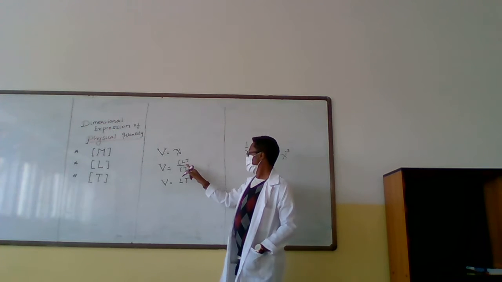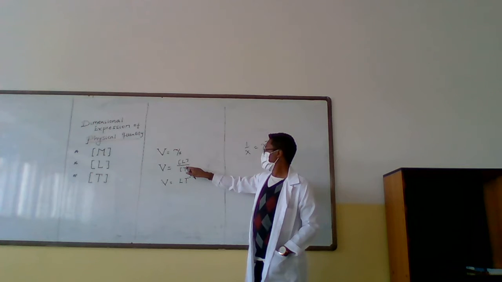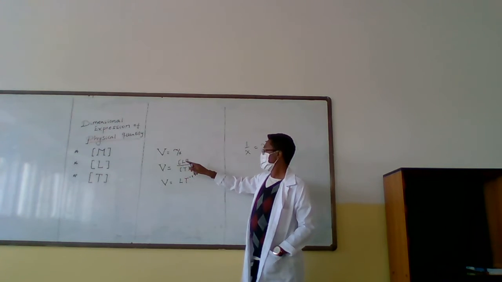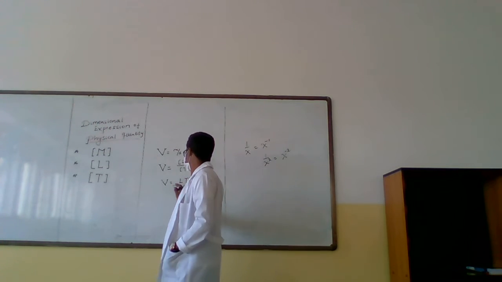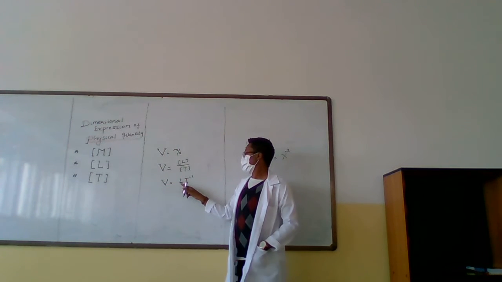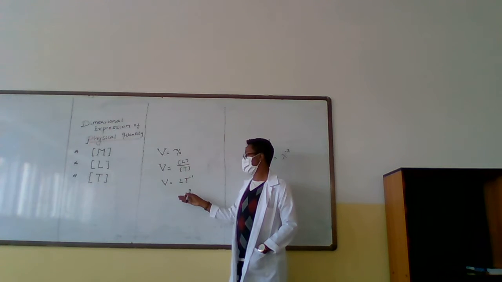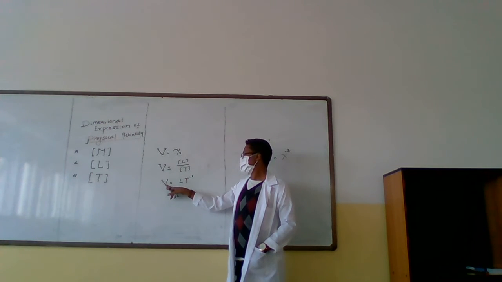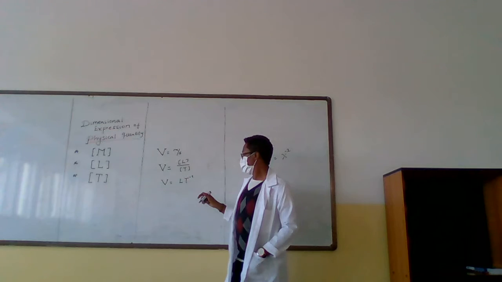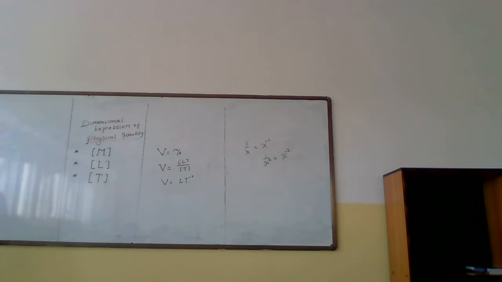So because T is here as the denominator with the power of 1, we can express speed as L T to the power of minus 1. So speed is related to these two dimensions, length and time. It tells us the relationship of length and time in expressing speed. This is how I can express the dimension of speed.